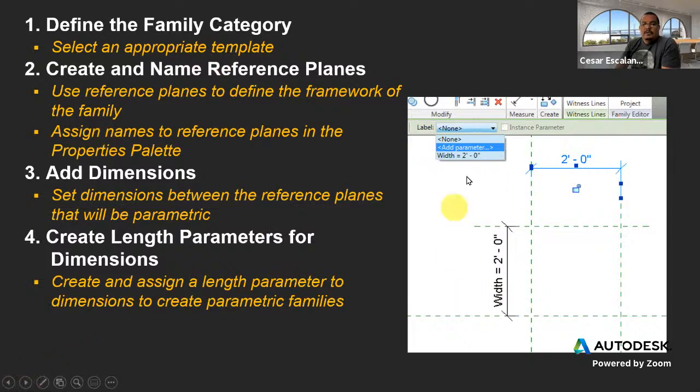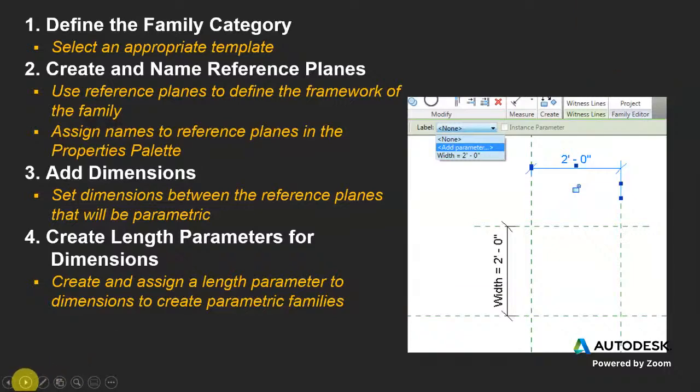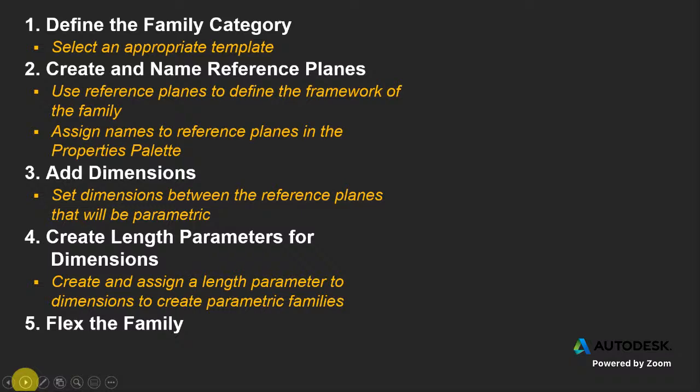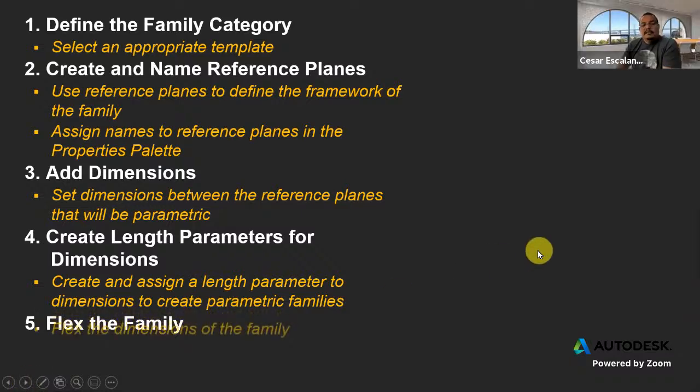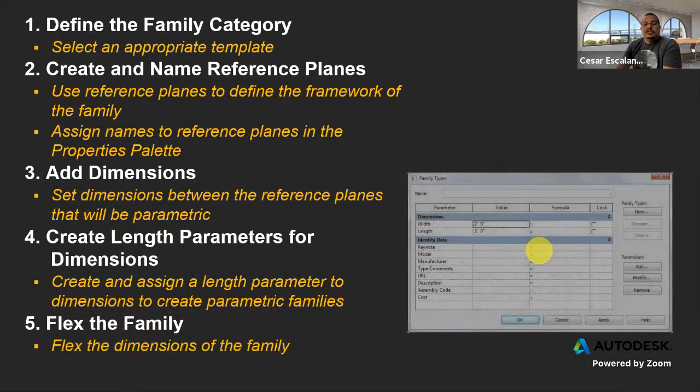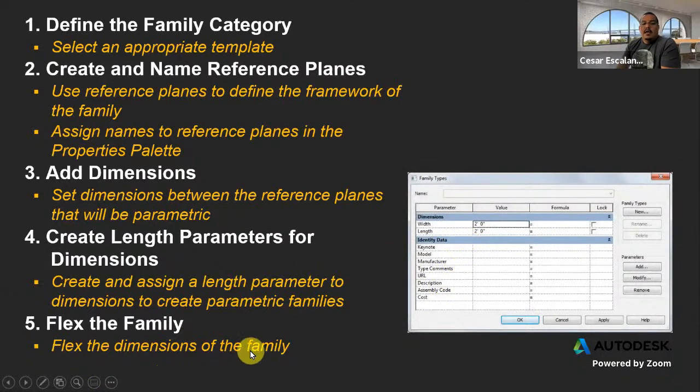Okay, so we create parameters for dimensional constraints in order to define a behavior. And the behavior is a custom parameter associated with a specific type. And then we flex the family. In flexing the family, we check that the dimensional constraints are working according to plan.